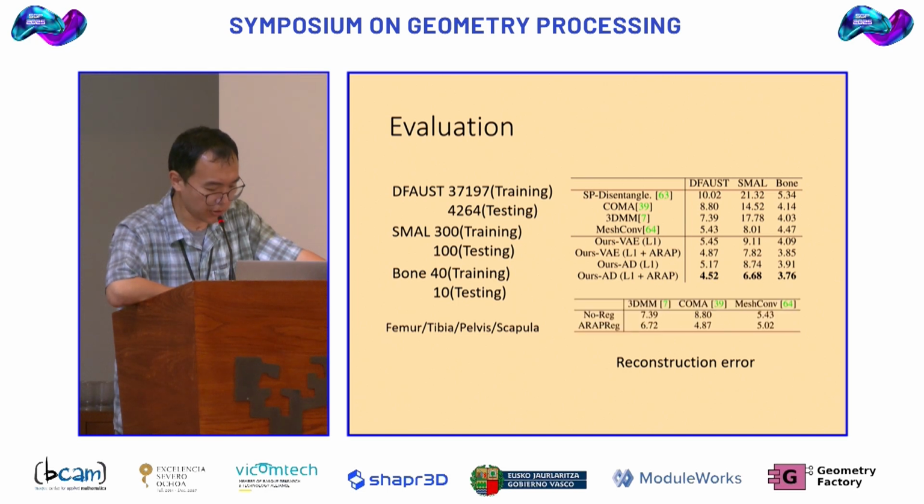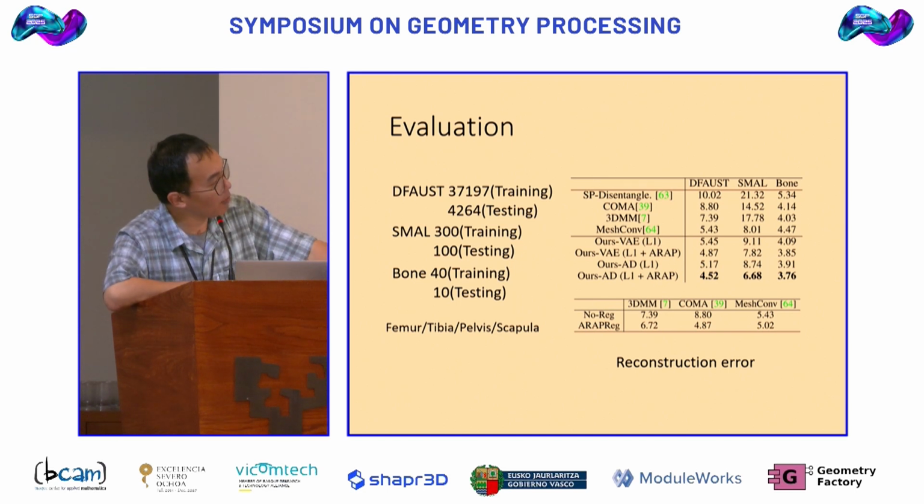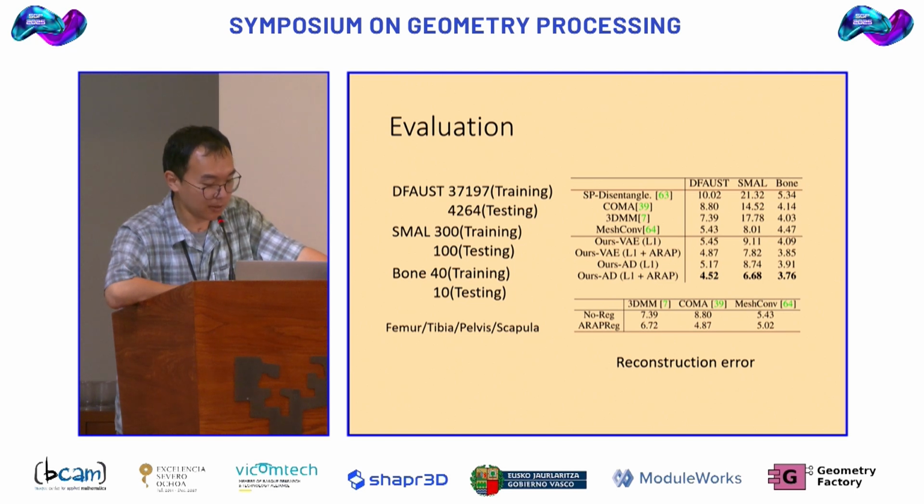I do want to mention this table. We actually tried this regularization loss on top of three very different network architectures. So this regularization loss is effective. It's very interesting that we get the best result on CoMA, which is the worst performing architecture without regularization.